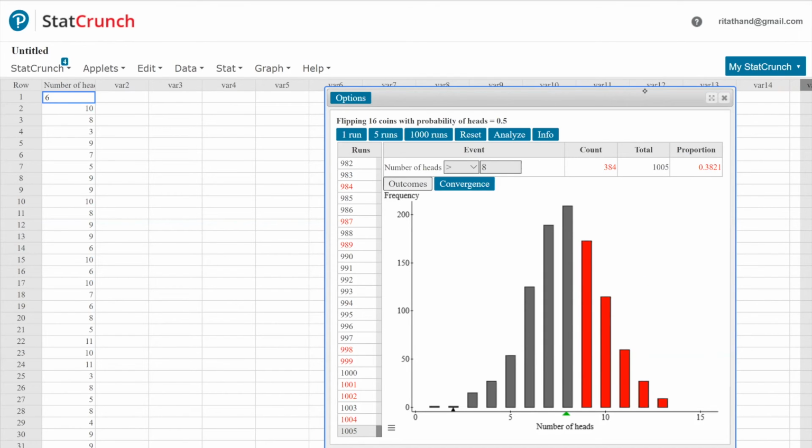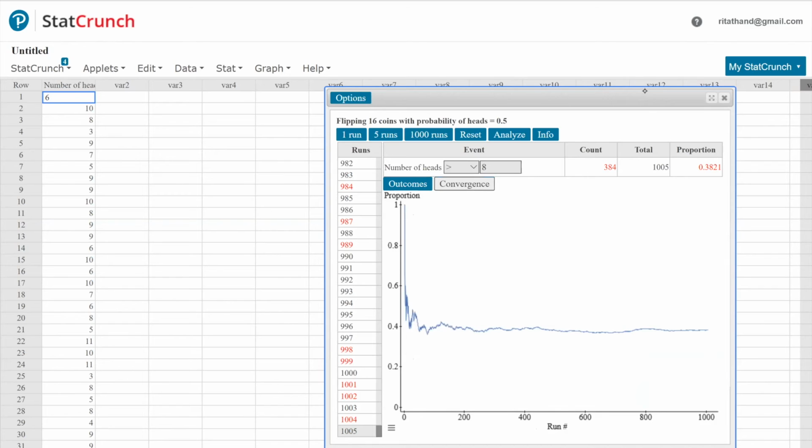50%. And when you look at this graph right here, this tells you the proportions. The x-axis is the number of runs, the y-axis is the proportion that is greater than 8 heads.